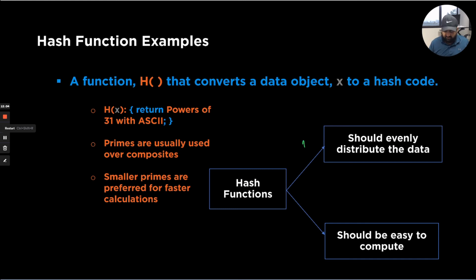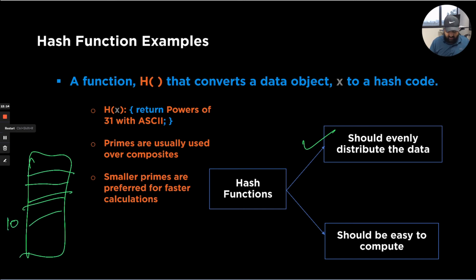The first one is it should evenly distribute the data. If we have 10 buckets in our table, we don't want our hash function to compute indexes such that, with completely random objects, it favors storing objects in the first half rather than the second half. We want it to evenly spread out the data.